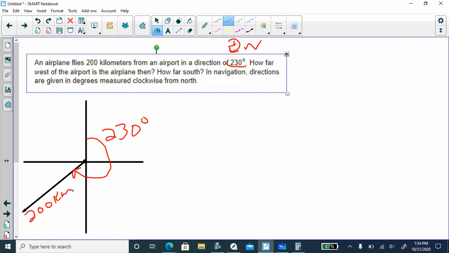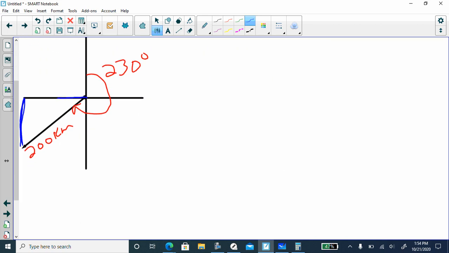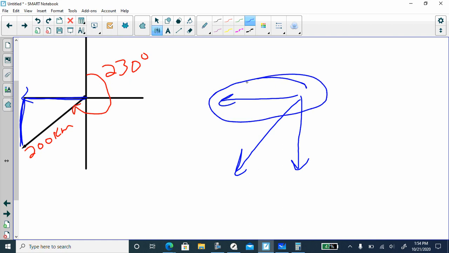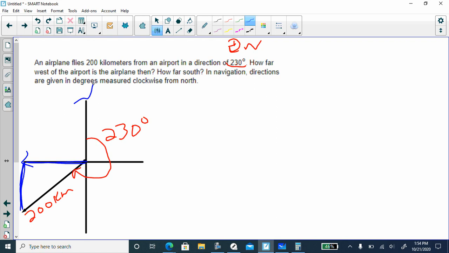We want to know how far west we have gone. If we think about a reference triangle right here, that triangle has a west component and a south component. We've gone to the left some. If we fly that direction, we've gone over some and we've gone down some. So we're looking at how far we have gone to the left, which for our purposes is west. It's also good to write an N there as a reminder that that's north.